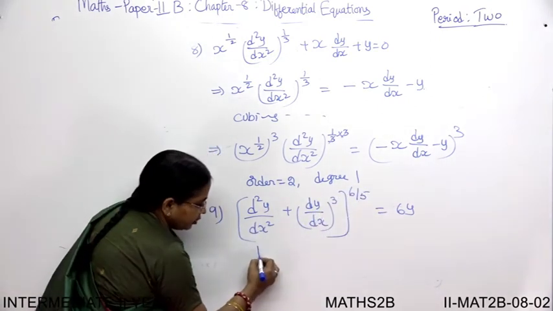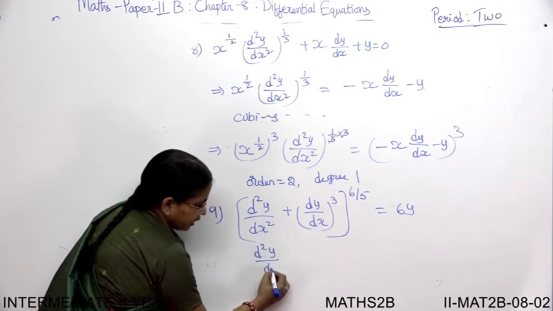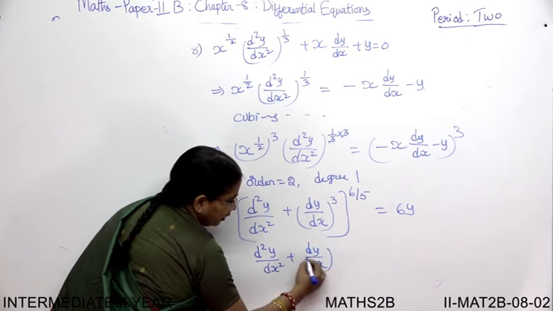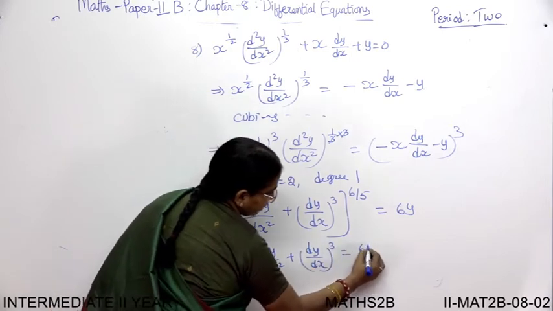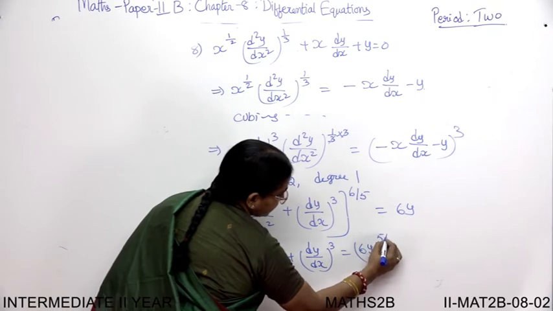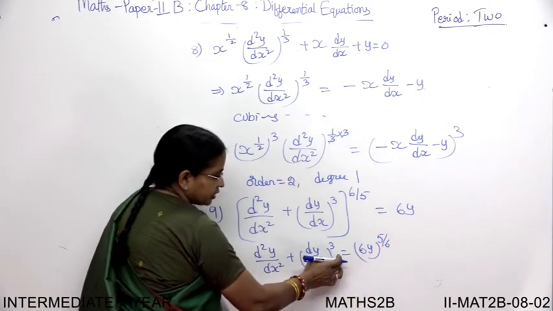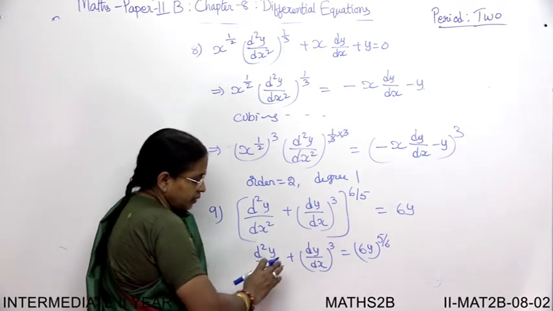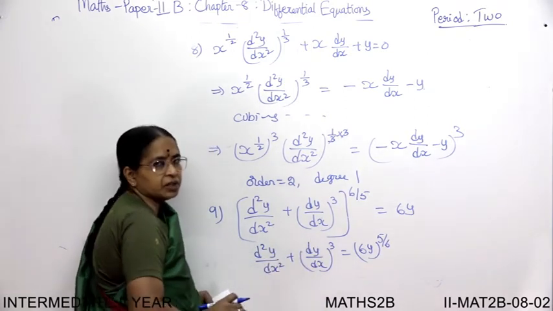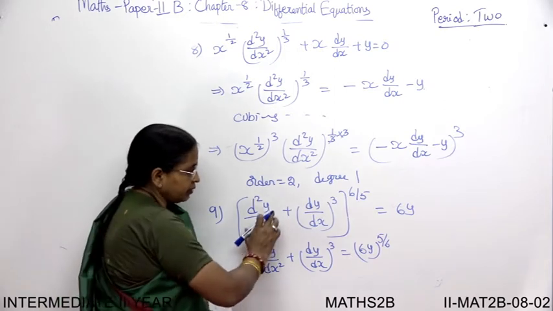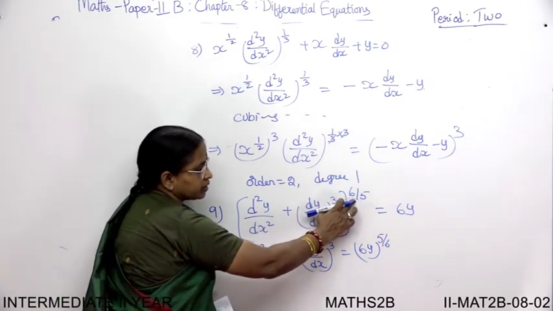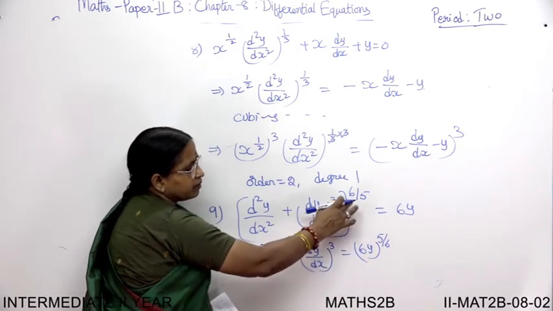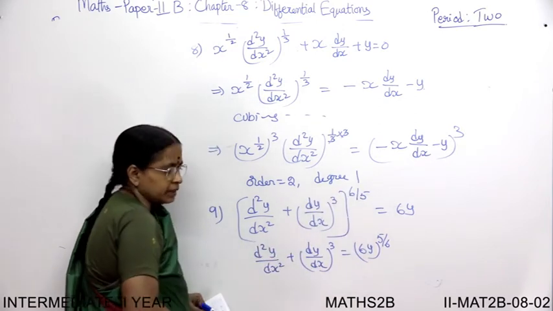That means you can write d square y by dx square plus dy by dx whole cube is equal to 6y whole to the power 5 by 6. As far as x and y are concerned, you can have fractional powers, but derivatives should not have any fractional powers. So here we removed this fractional power by taking it to that side, that means taking the power 5 by 6 on both sides.